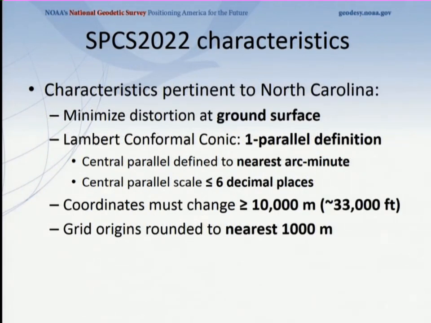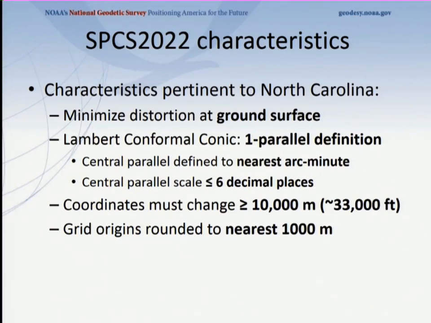So these are the characteristics of the change of our new state plane coordinate system. One is we're going to minimize distortion to have a more topographically fit-in state plane coordinate system. In other words, that state plane coordinate system is going to more closely fit the topographic surface than it currently does. We will stay on a Lambert projection. We'll go from a two parallel system, and I'll show you a graphic of this, to a one parallel system.